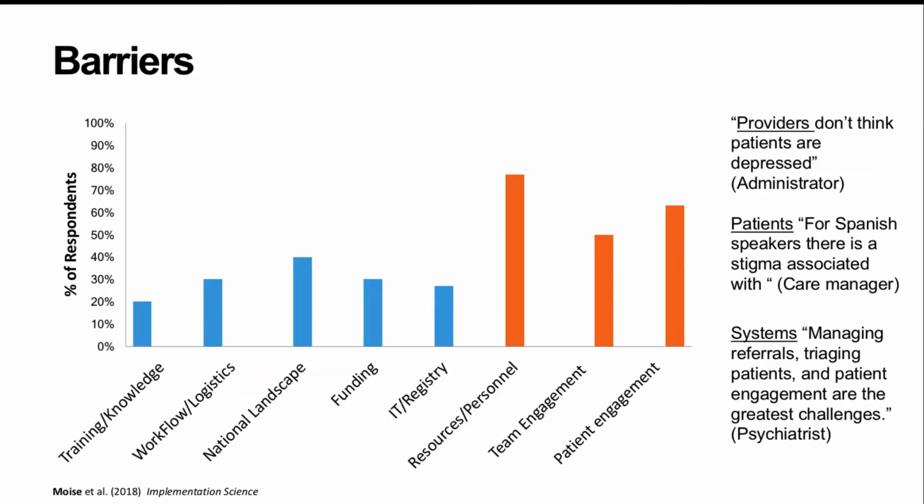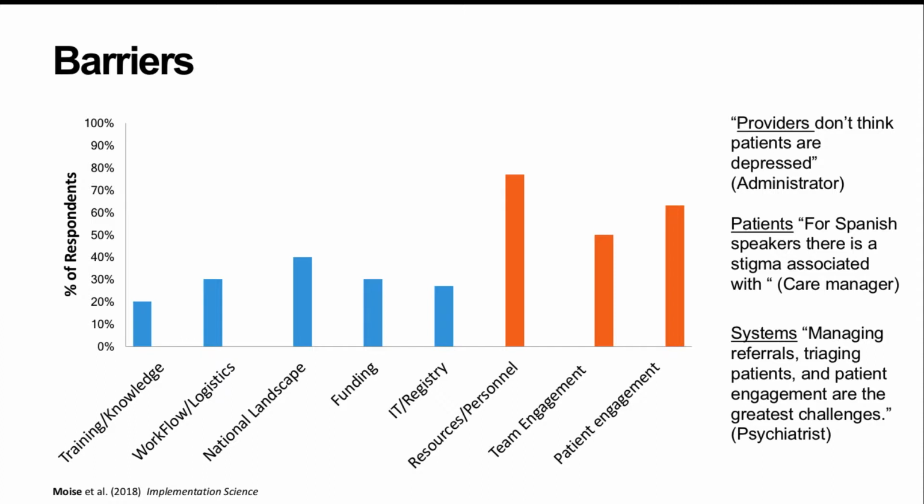The next step is to identify qualitative measures around barriers. We found that barriers such as knowledge, funding, IT registry upkeep were less likely to be mentioned in the sustainability phase, whereas resources, personnel, and behavior, namely provider and patient engagement, appear to be persistent barriers long term.